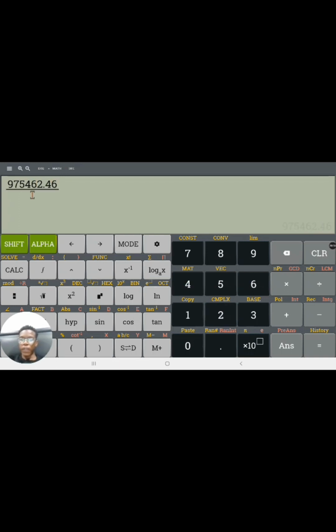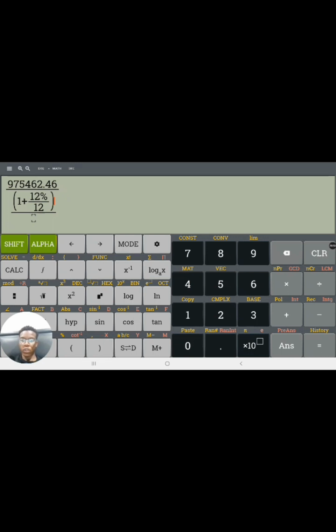Okay, this divided by 1 plus 12 divided by 12, and that 12 there, remember, is 12%, right? I'm just going to say 12%. Do not forget the percent, otherwise your answer is going to be wrong.